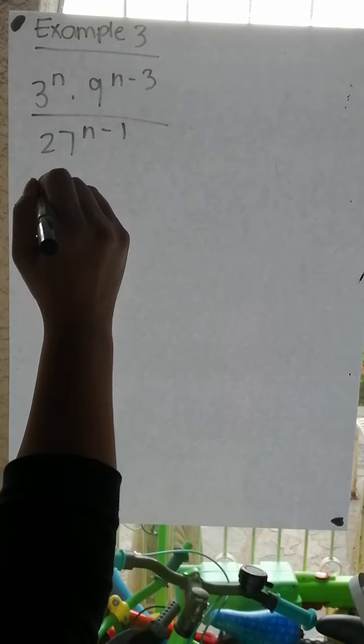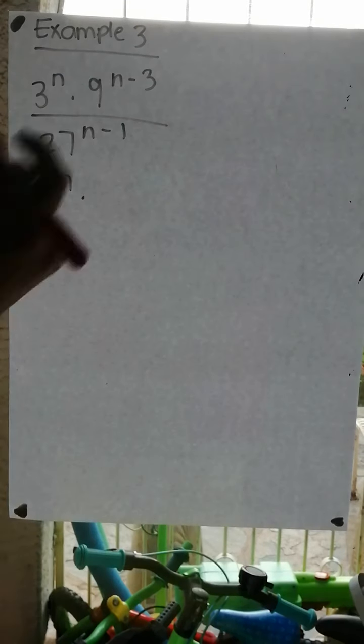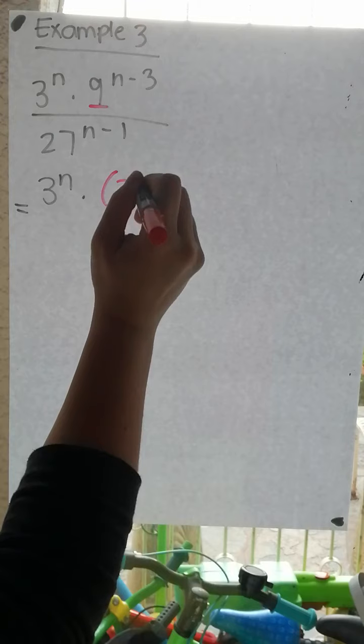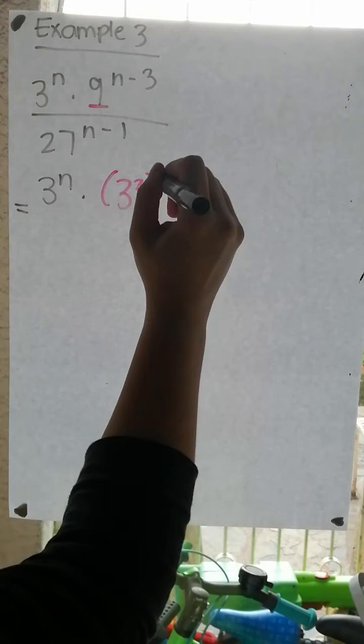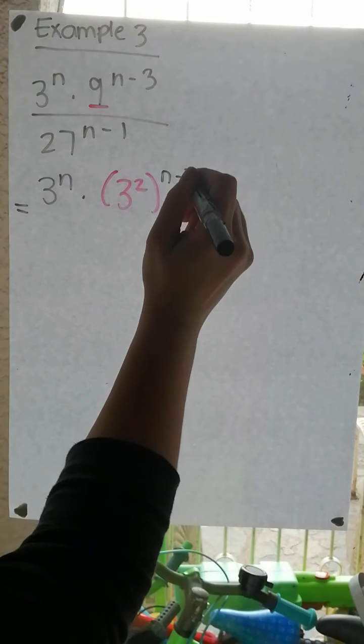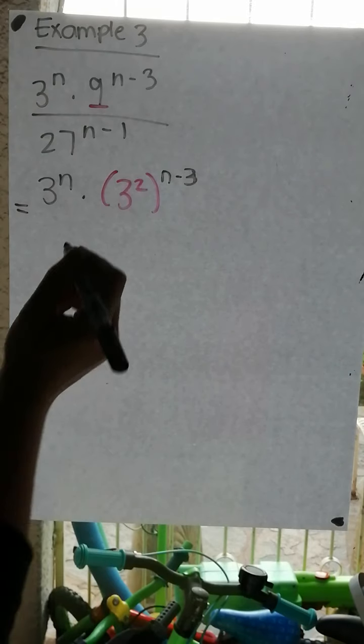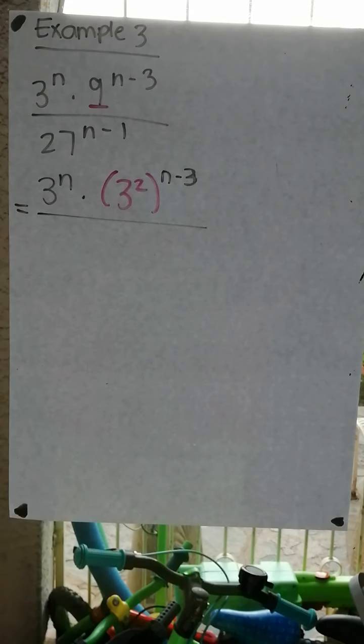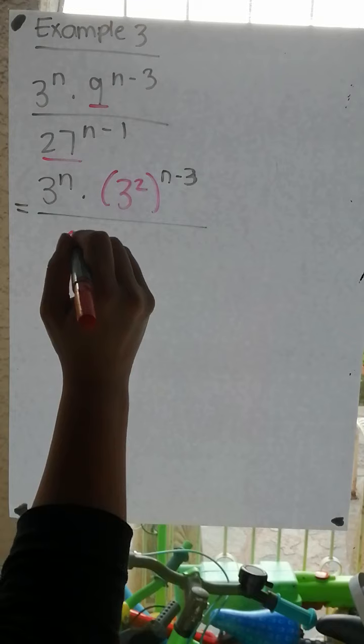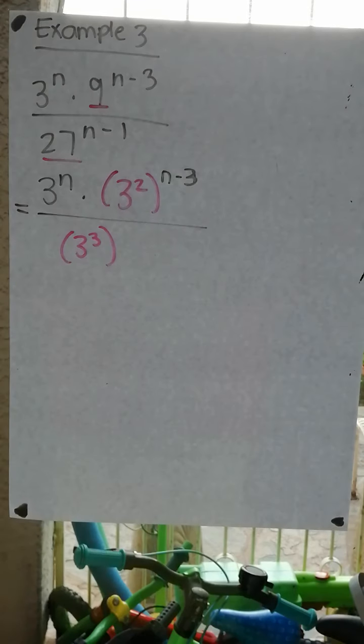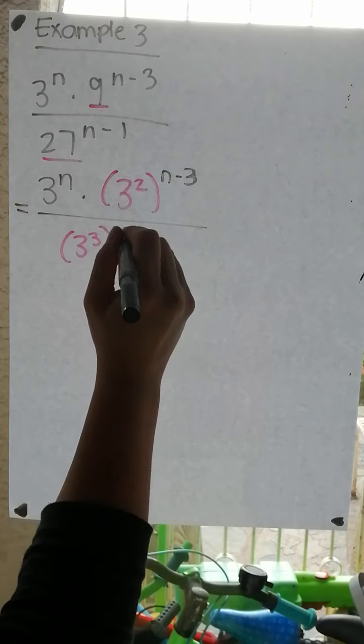Okay, multiplying with variable exponents, so I need to get them as a product of their prime factors. 3 doesn't change. Instead of writing 9, I write 3 squared, with n minus 3 on the outside, all over, instead of writing 27, I write 3 cubed with n minus 1 on the outside.